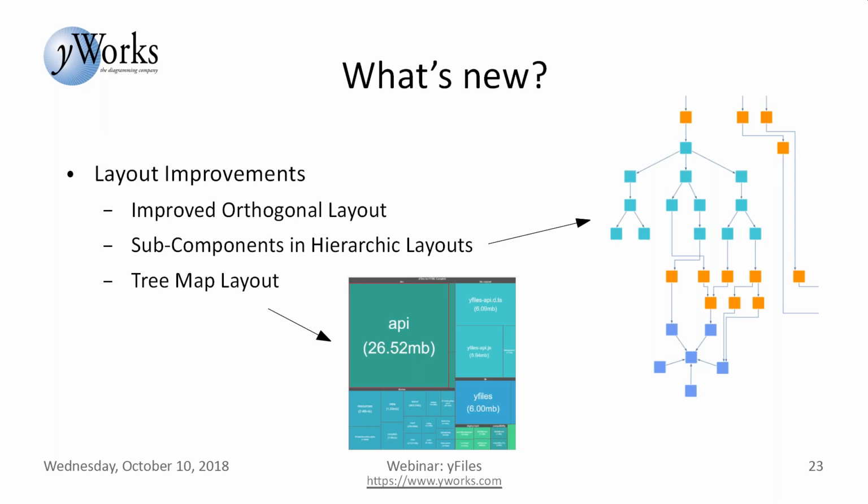And we've added a completely new layout algorithm that's called tree map layout. I guess most of you know this from software that analyzes your data usage on your hard drive. So this lays out nodes of different sizes in this square manner that you see here in this picture.